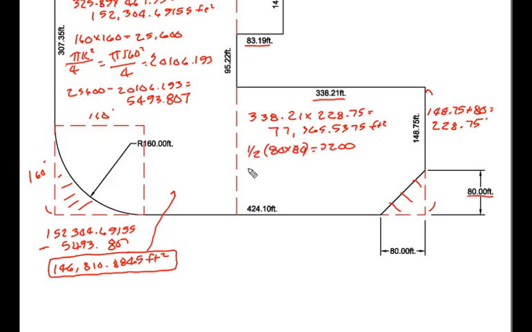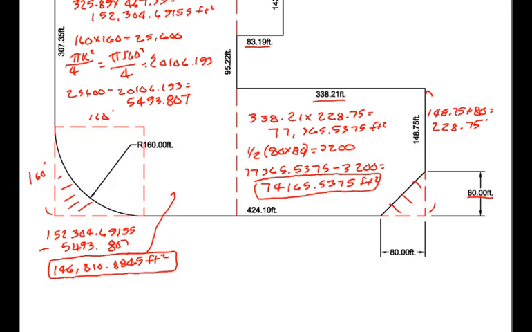And if we take our 77,365.5375 minus 3,200, that gives us a net area of 74,165.5375 square feet. And that is for this rectangle.